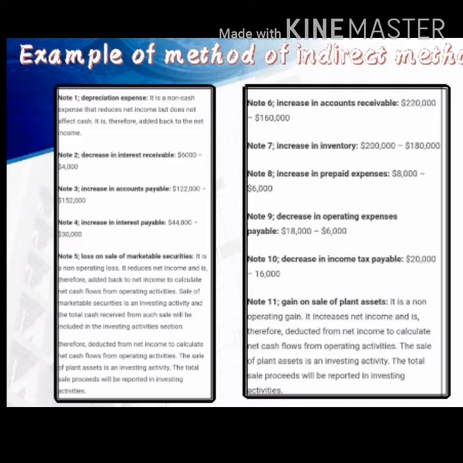So here, the depreciation expense in the cash flow statement of XYZ company has the amount of $80,000. That is under the operating expenses in the income statement of the XYZ company.